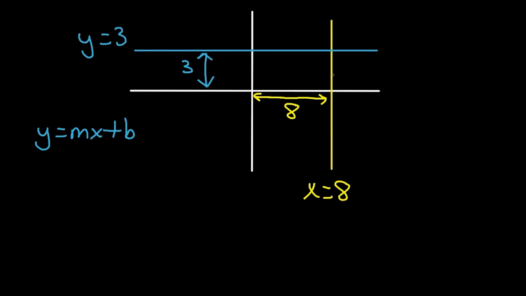In the case of a vertical line, the gradient is undefined. It's too large. It's sloping up too quickly. So m is undefined. This is the symbol we use for undefined. It has no gradient, you could say. That is, it doesn't have a gradient.